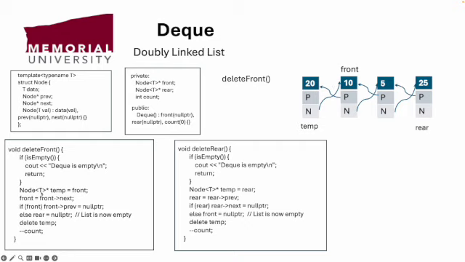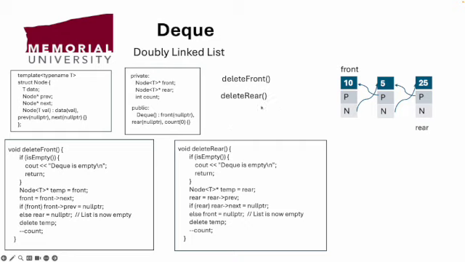If front is not none, it has a value, right? Front's prev goes to none. Front's prev will break this relationship. This is gone. And then we delete the temporary node and reduce the size by 1.